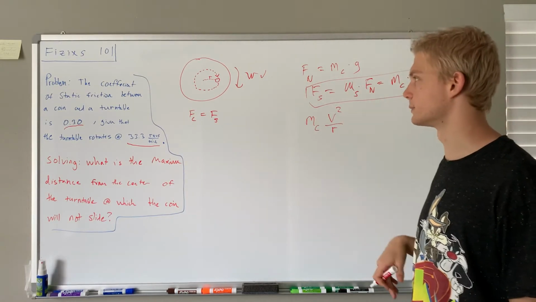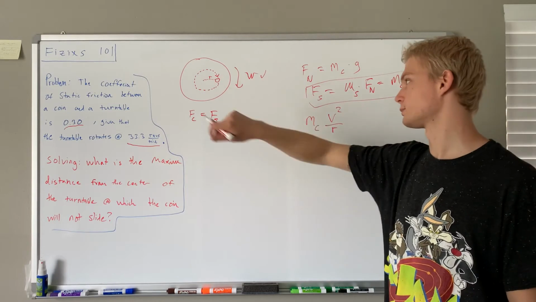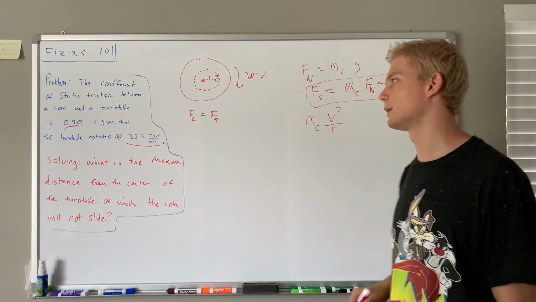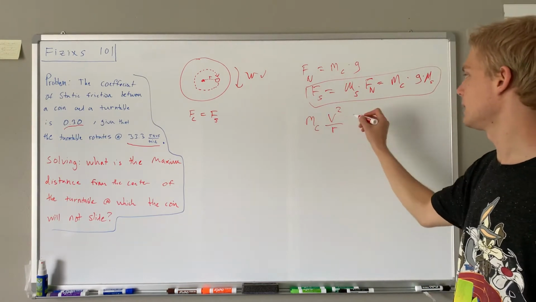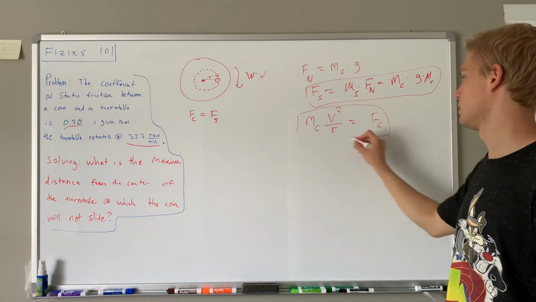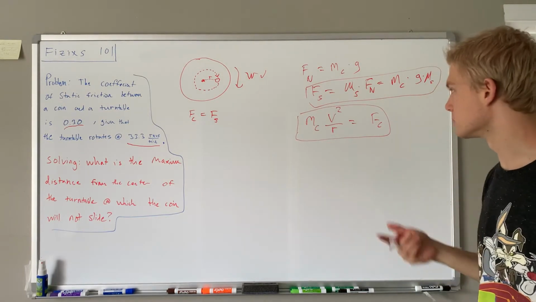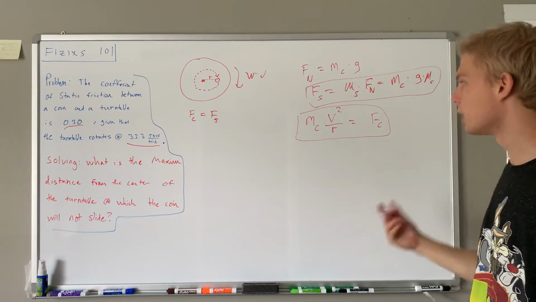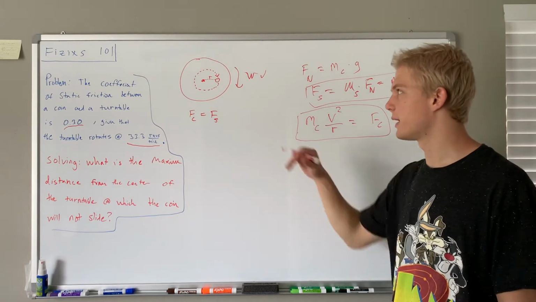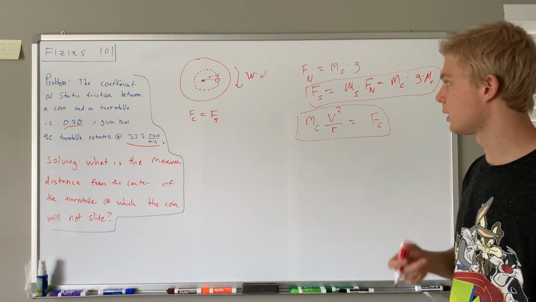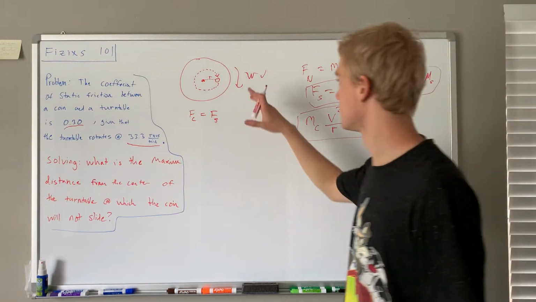In this case, it's this r. The big problem is you don't know what v is explicitly because you don't know what r is. If you knew r, you could find v, because you know omega. The whole point of this problem is you don't know r.